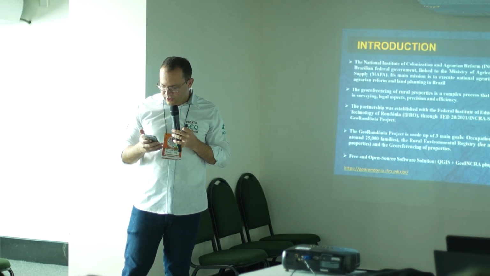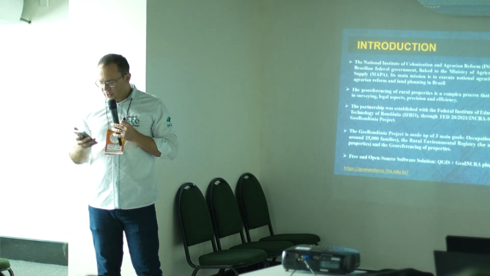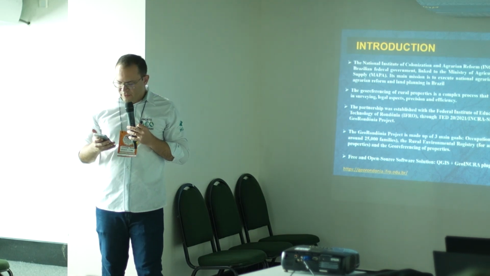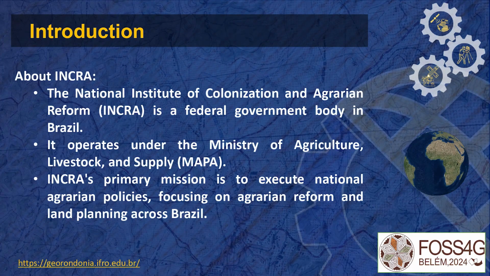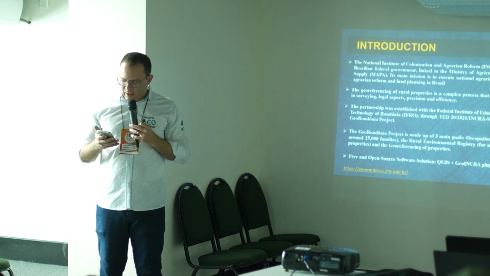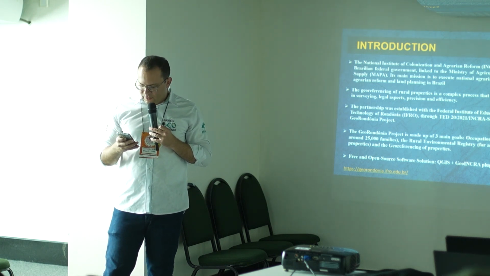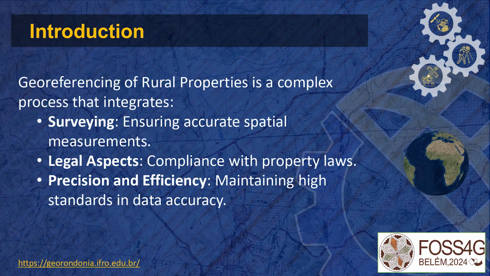This ambitious project is supported by the partnership between IFRO and INCRA. The georeference process, while essential, is complex and resource-intensive, where free and open source solutions like QGIS and GeoINCRA plugin play a transformative role.